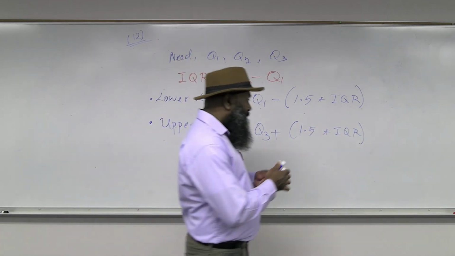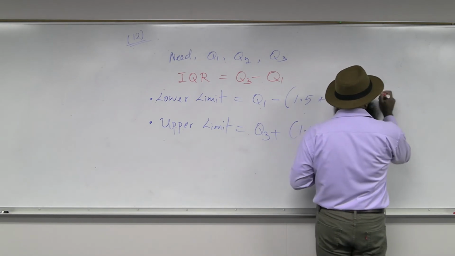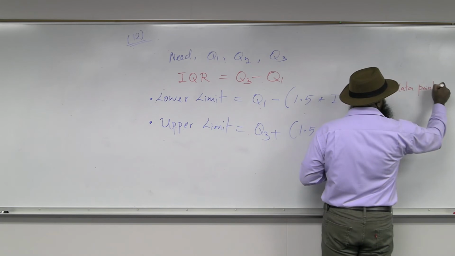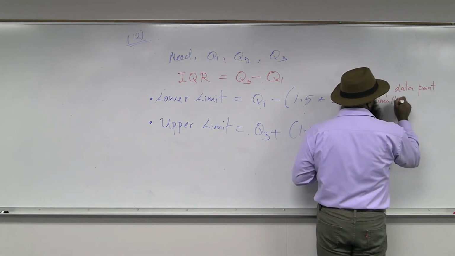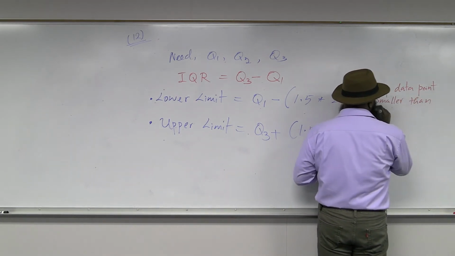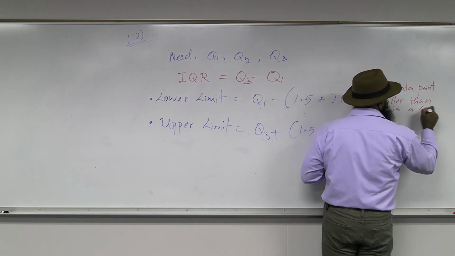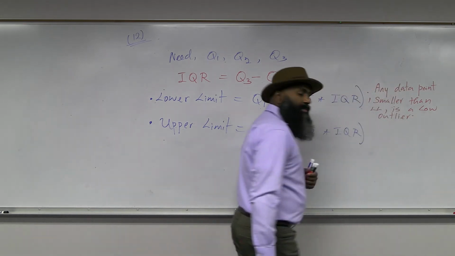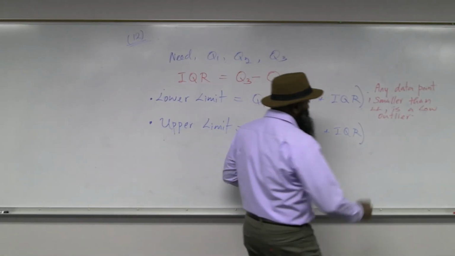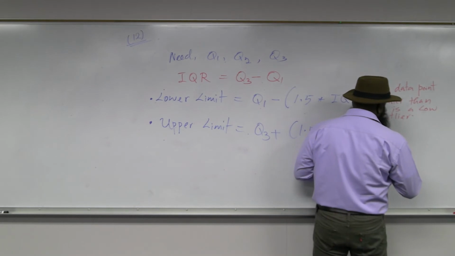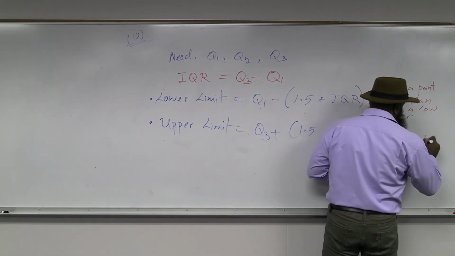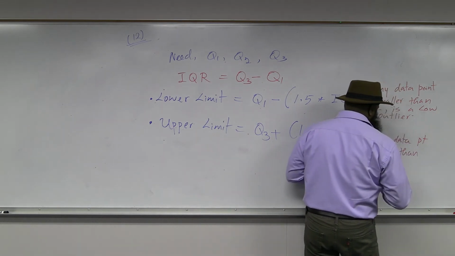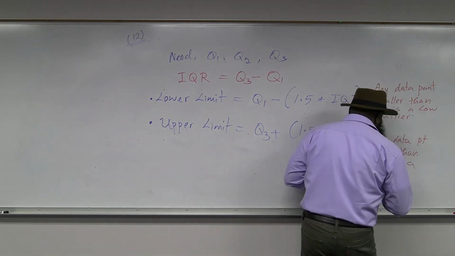So I will write it down. Any data point smaller than the lower limit is a low outlier. Any data point larger than the upper limit is a high outlier.